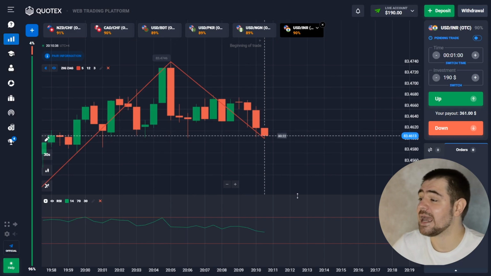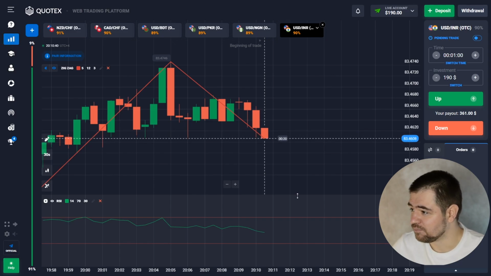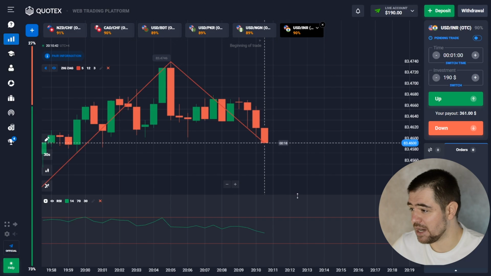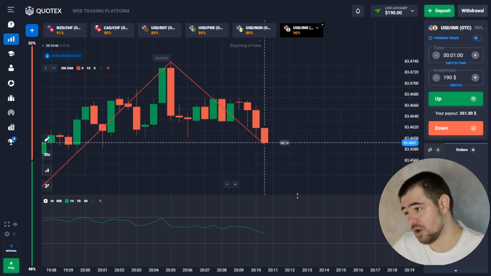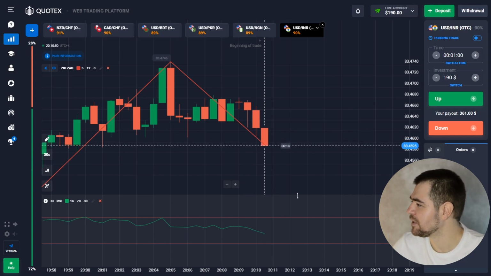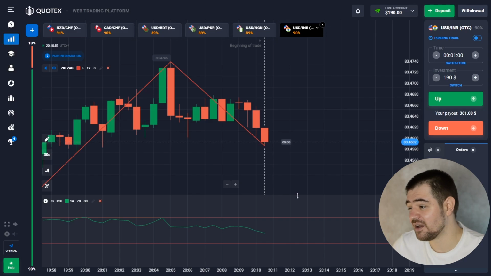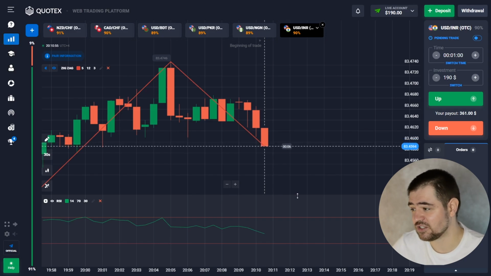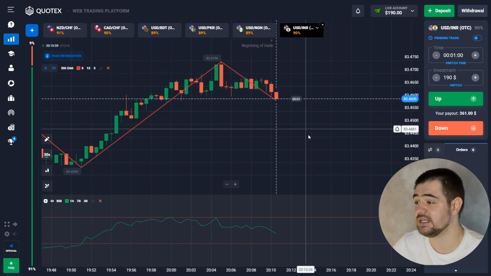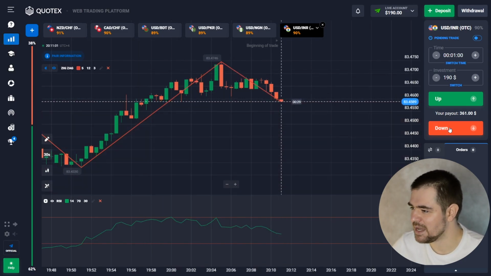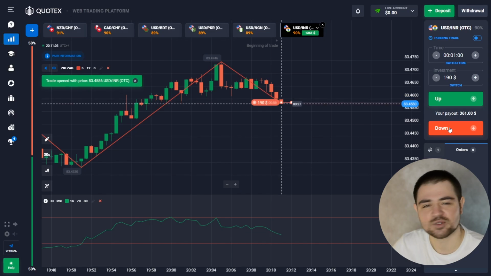The zigzag just drew our bearish indication, and we're gonna go ahead and make a put option here for sure. $190, 1 minute time. You can also see the relative strength indicator, the relative strength of the market, is going down. So let's make this option and wait for the result.